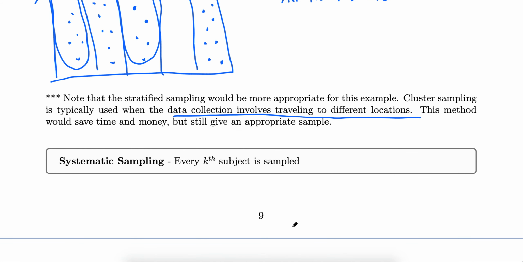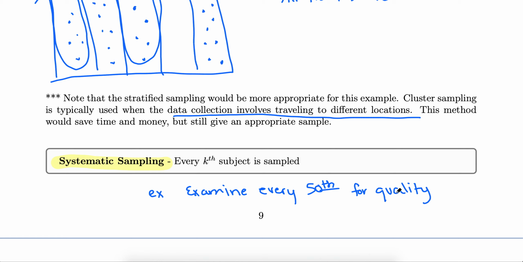And then the last sampling variation here is this idea of systematic sampling. And this one's very different from the other two. You're just going to sample every kth subject. So for example, we might examine every 50th case of product coming off the line for some kind of quality control.